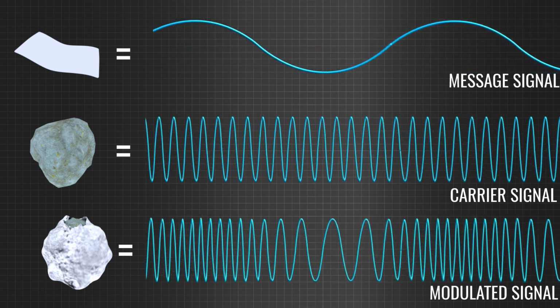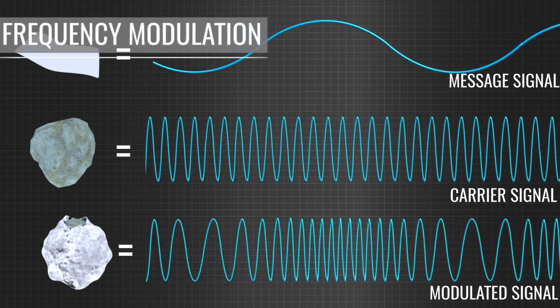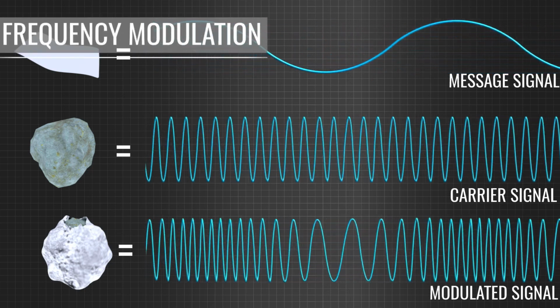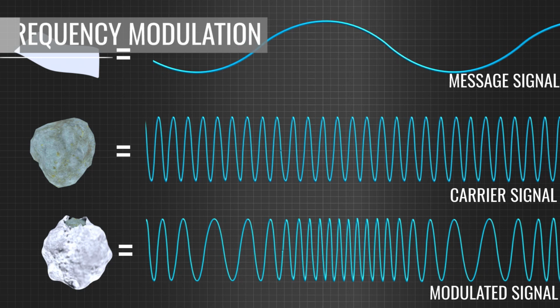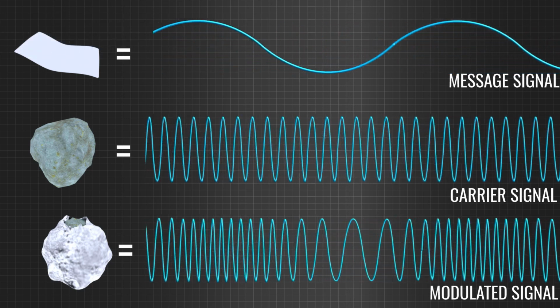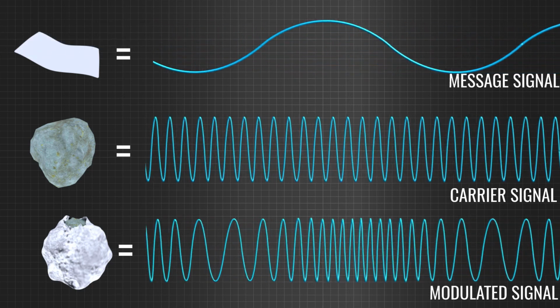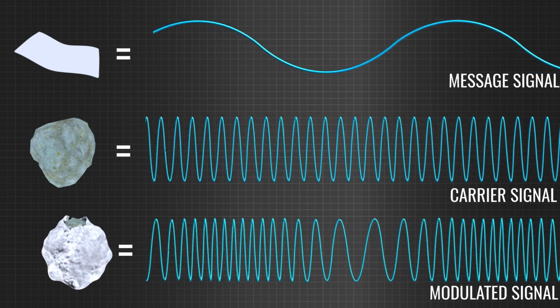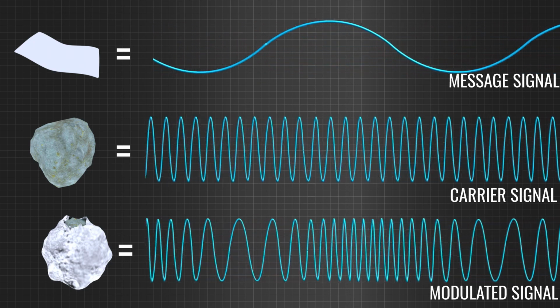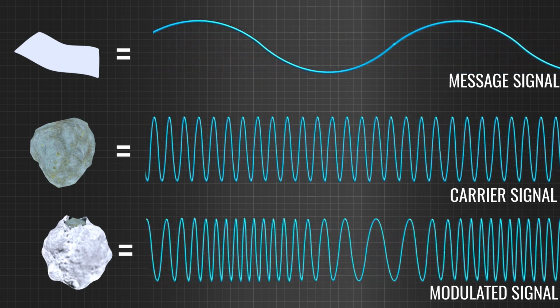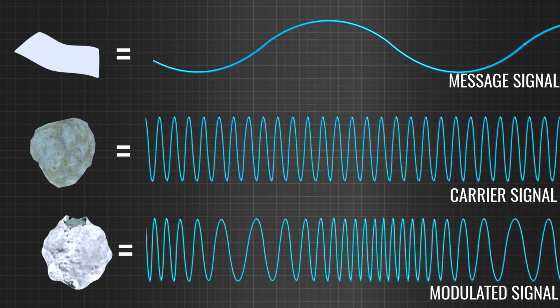This technique is known as frequency modulation. Please note that the frequency of a carrier signal is always high, which means the modulated signal is also of high frequency and energy. The value of the original signal can be easily retrieved from the frequency of the modulated signal.